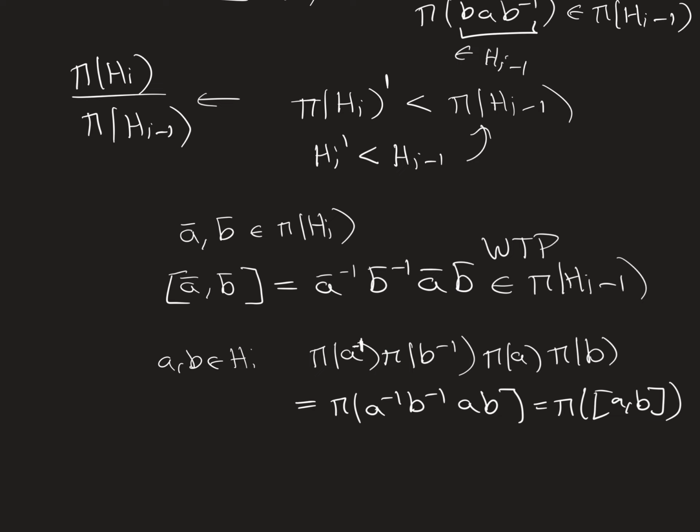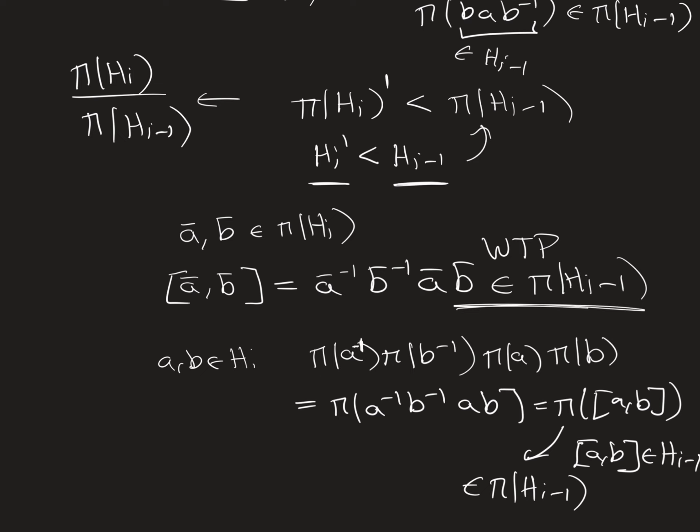And then because the commutator subgroup of H_i was contained inside H_{i-1} because the quotient was abelian, we can conclude that the commutator of a and b is an element of H_{i-1}, and therefore pi of the commutator of a and b is an element of pi of H_{i-1}, and therefore, following this back, we have exactly what we wanted to show here.